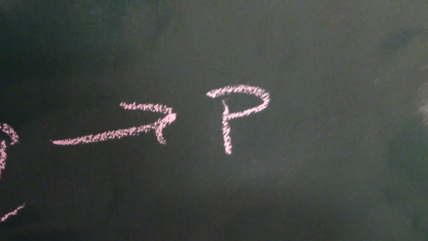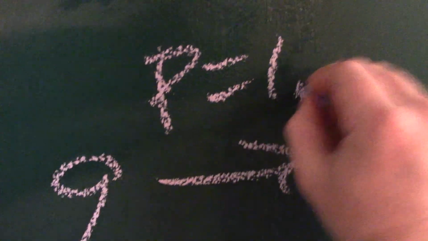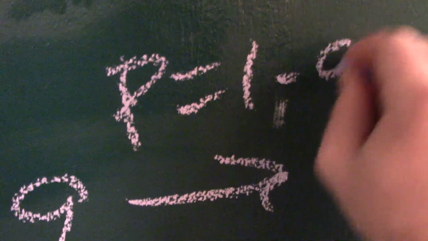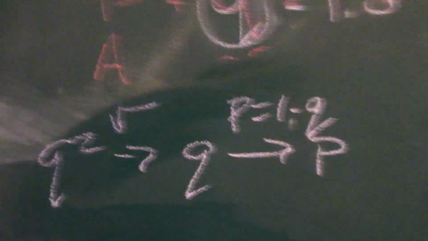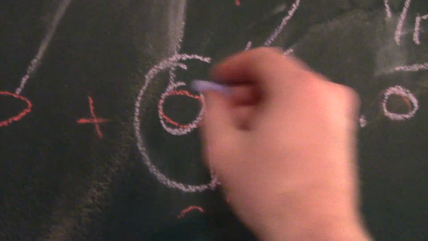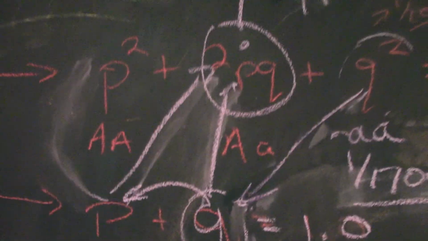And then I can find p from that because p is going to equal 1 minus q. Okay? And then, so from q, I can find p. All right? And then I have p and q, and then I can just plug that into pq. Okay?